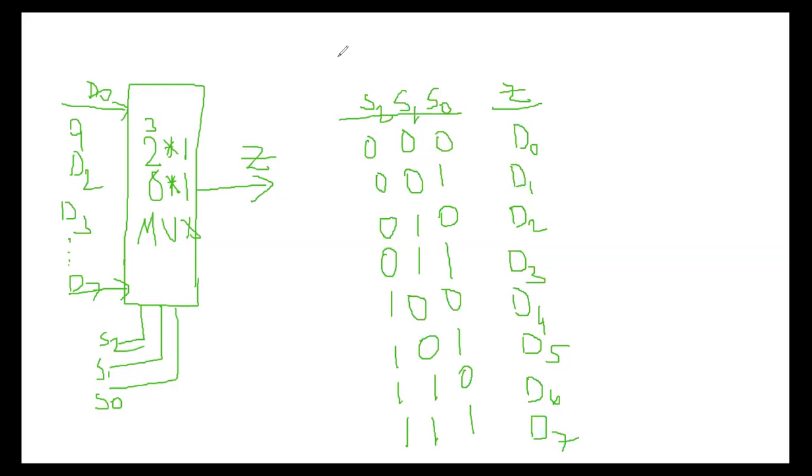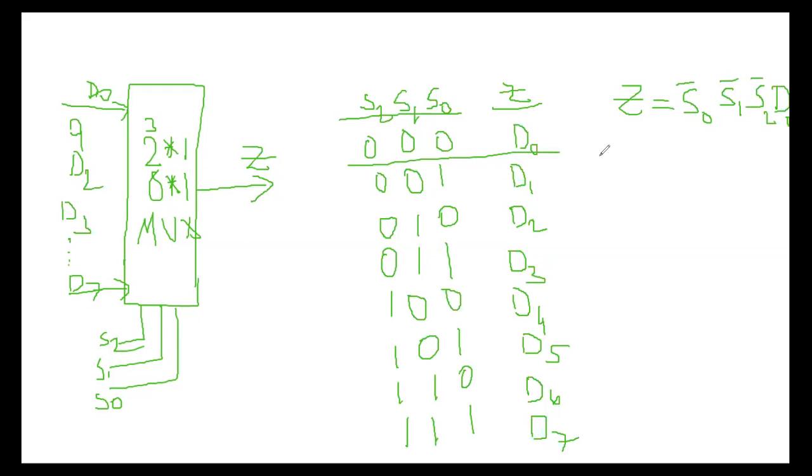Okay, my dear students, now using this truth table, how do we write the Boolean function? Z is equal to the first term. S0 is 0, S1 is 0, S2 is 0, means S0 bar, S1 bar, and S2 bar, because all are 0, and D0.